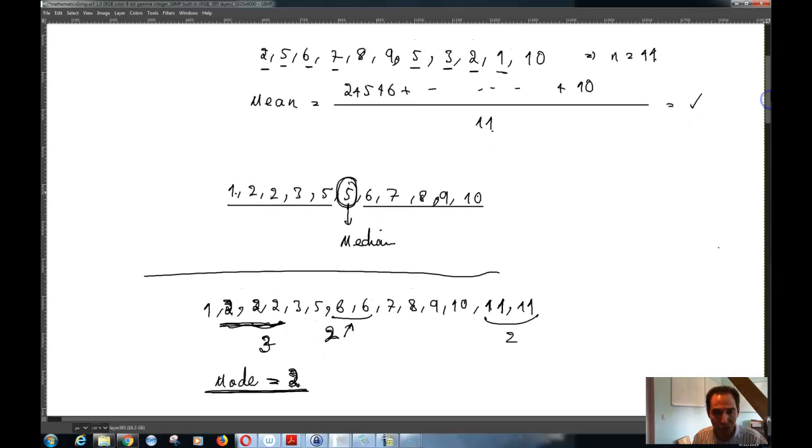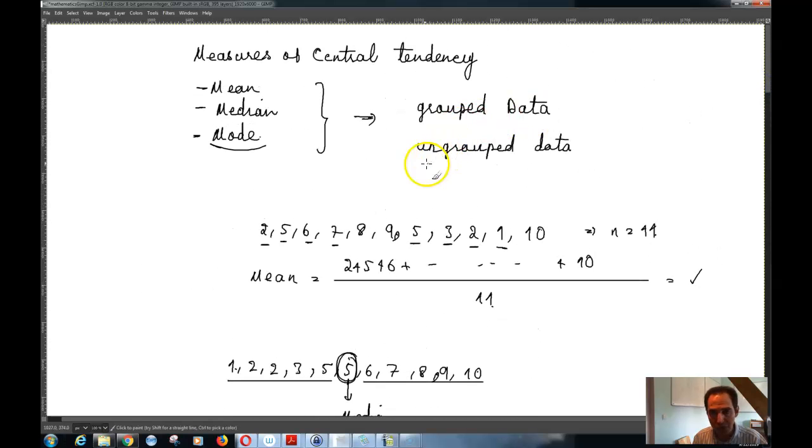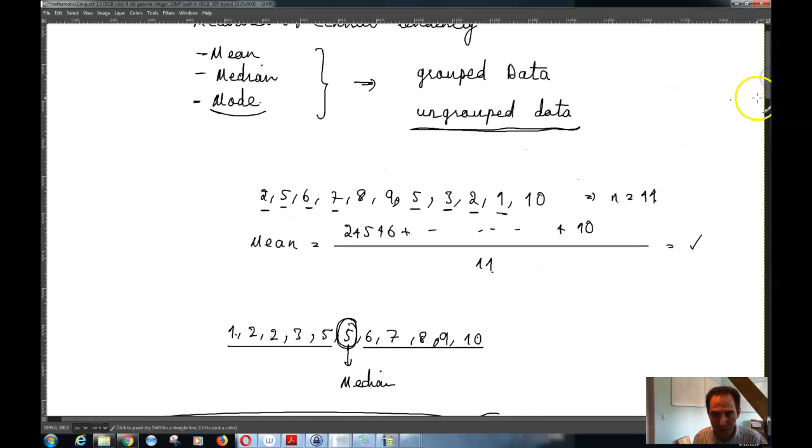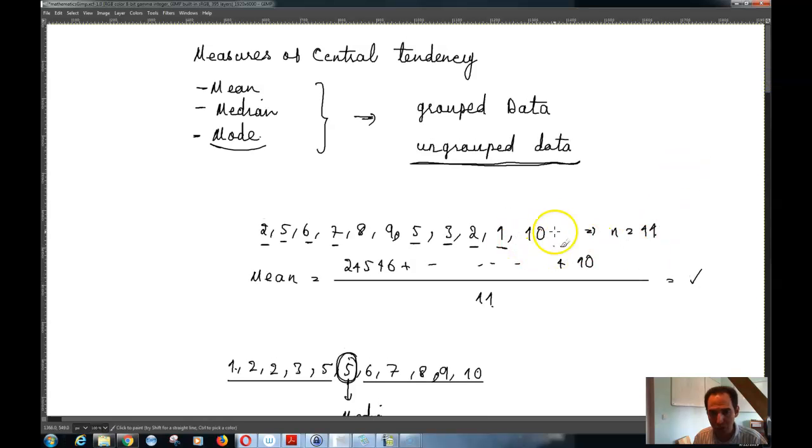Of course, when you're dealing with ungrouped data, everything is manual, and you don't really need any formulas, because at most you're dealing with, for example, 10, 20, 30 observations, not more than that. But when the number of observations gets larger than that, then of course you have to group your data, otherwise you wouldn't be able to work on them.